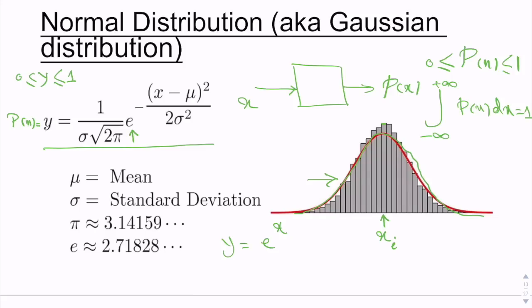So mu is the mean here. Mu is a Greek letter, and sigma is another Greek letter which is usually used to represent the standard deviation, and sigma squared is the variance. We know that the square root of variance is the standard deviation, and here we have pi, which is the famous number pi.